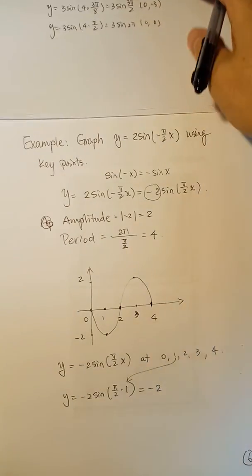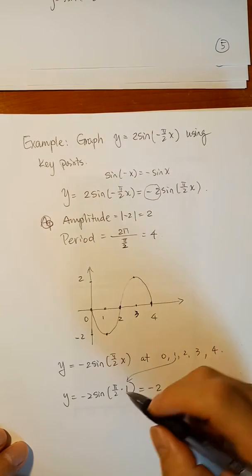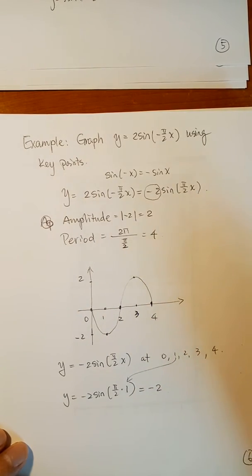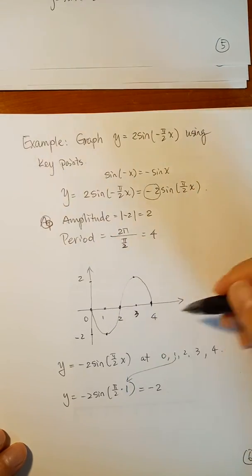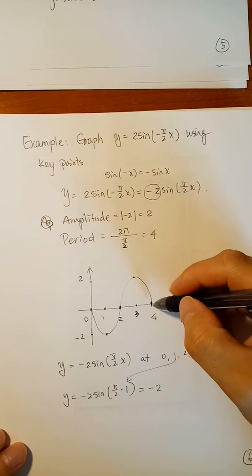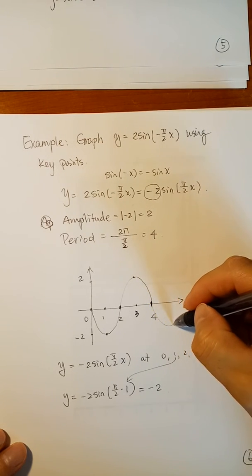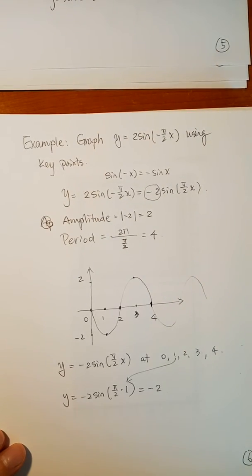So just try to evaluate at those 4 points. And we only sketch one graph, one period. That's enough. You don't have to graph more, because if you want more, just copy it with the same graph.